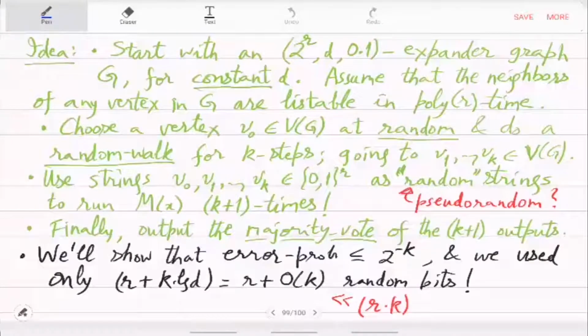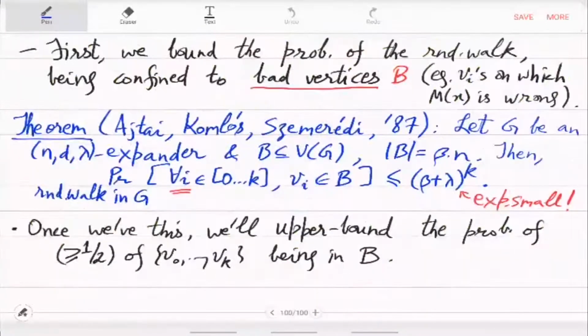You repeat the algorithm k times because now you have k pseudo random strings, and then take the majority vote. Okay, that was the idea. How many random bits did you use in the random walk? So for the first one r, and for the remaining one it's only k times log d. So log d is a constant, absolute constant. So this is just like r plus k, much smaller than r times k.